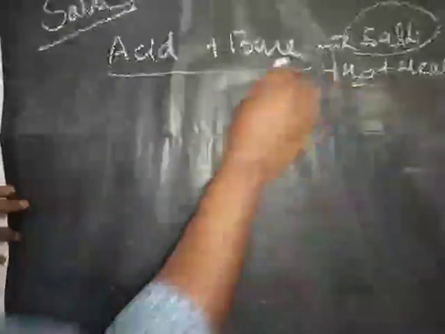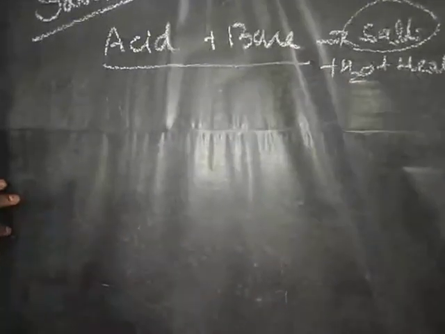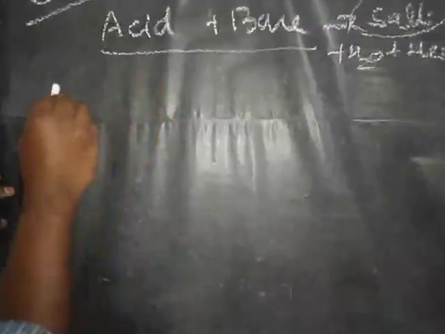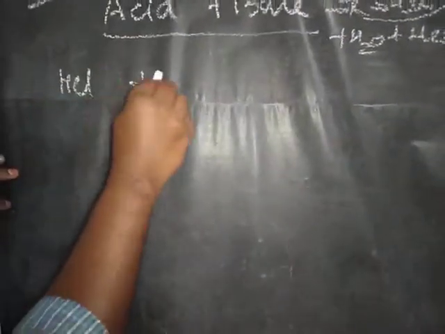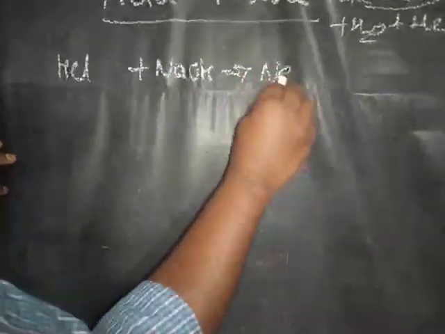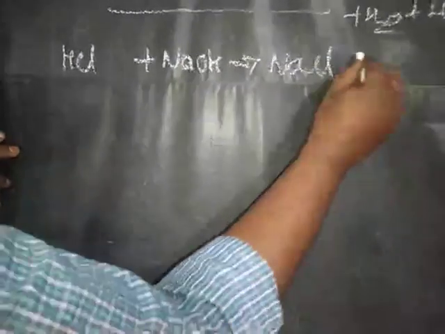A salt is a substance formed by the neutralization of an acid by a base under suitable conditions. For example, hydrochloric acid and the base sodium hydroxide give NaCl plus water.